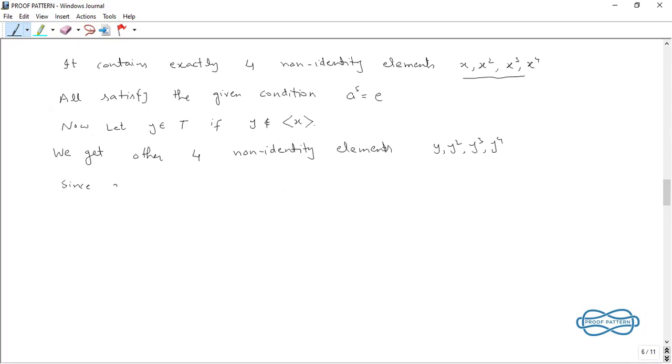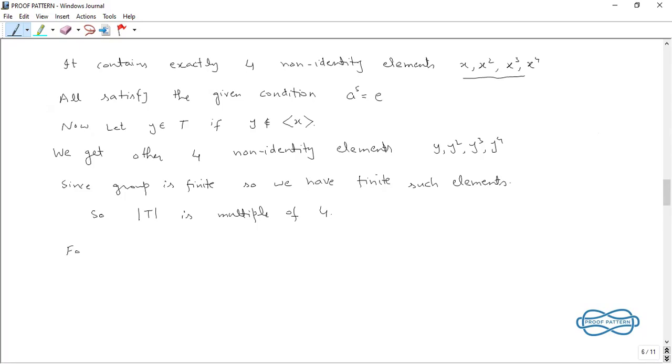Since the group is finite, we have finitely many such elements. So the cardinality of T is a multiple of 4, and that is what we want to show.